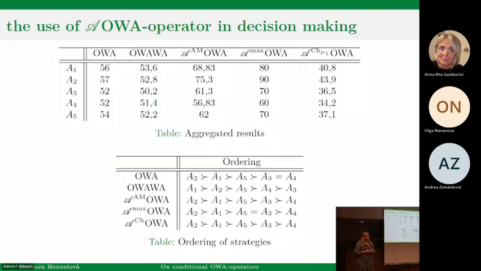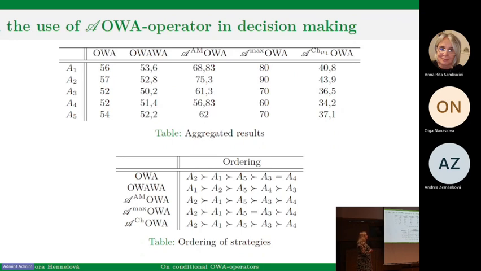In the next table, we can see aggregated results for different types of over operators and different types of conditional over operators. In the next table, we can see the ordering of options based on the results from the previous table. We can see that the classical OVA, or standard OVA, does not distinguish between options A3 and A4.